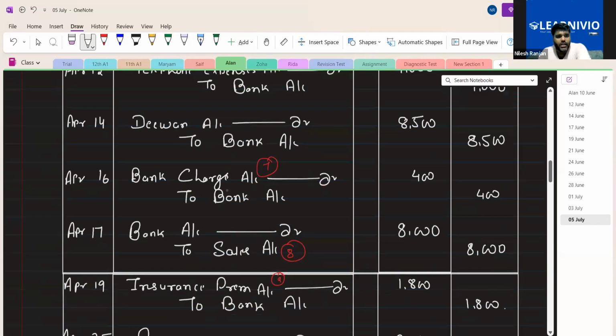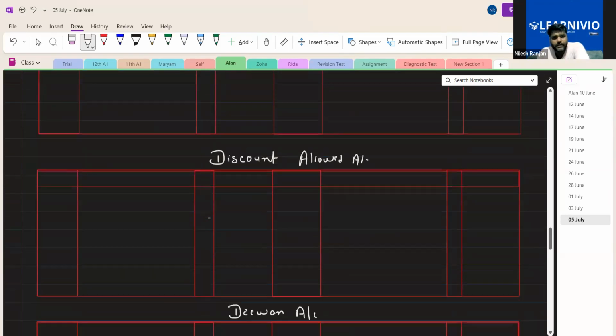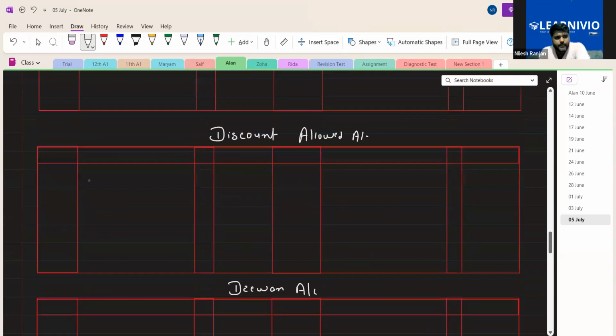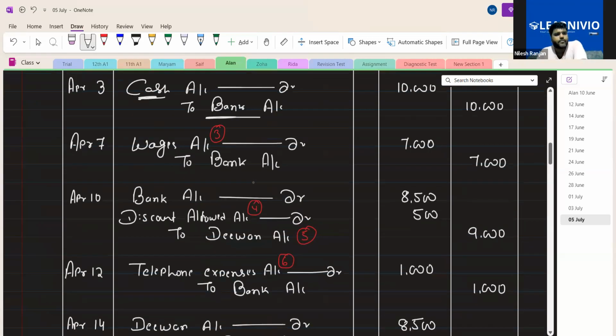In the discount allowed account, it will be on the debit side, to Divan, because discount is also on the debit side. So then the bank account should also be on the debit side, right?